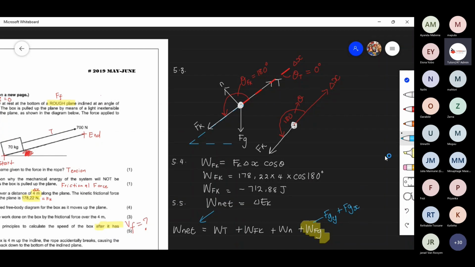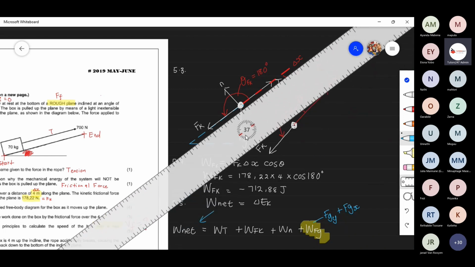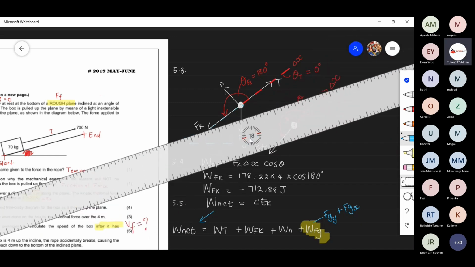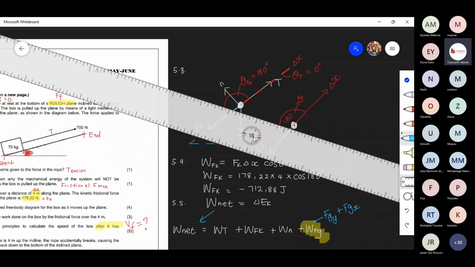So let us start by including our components into our free body diagram. Let's start with our perpendicular component, also known as Fgy.